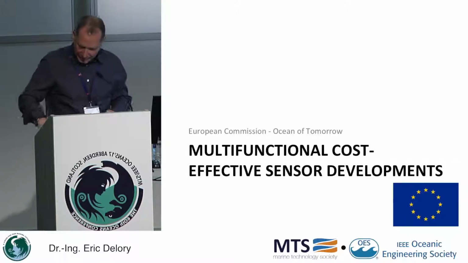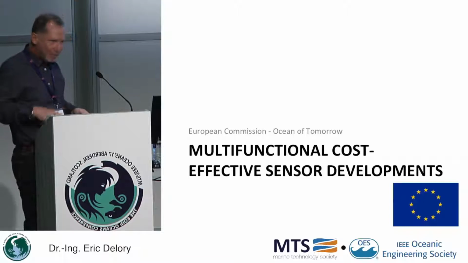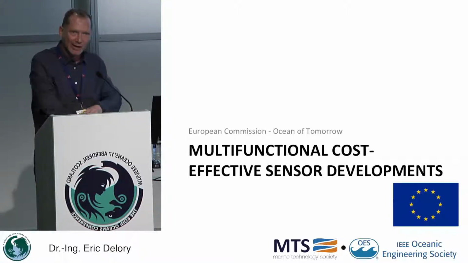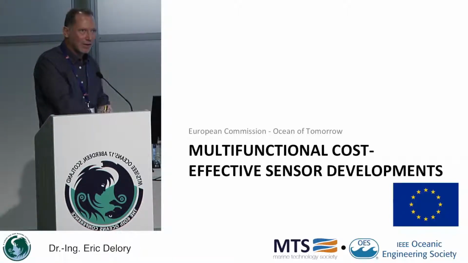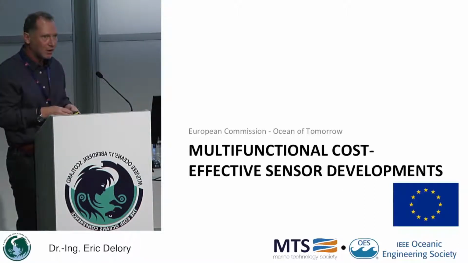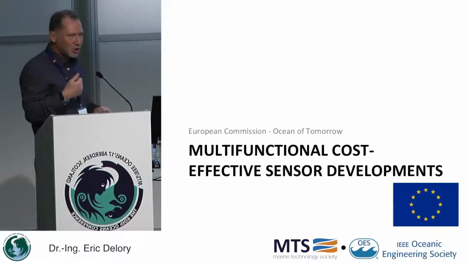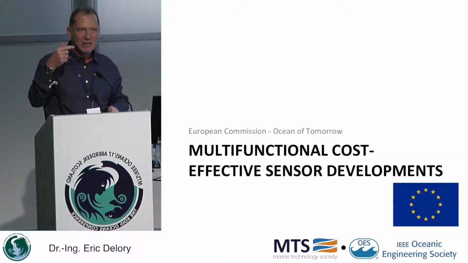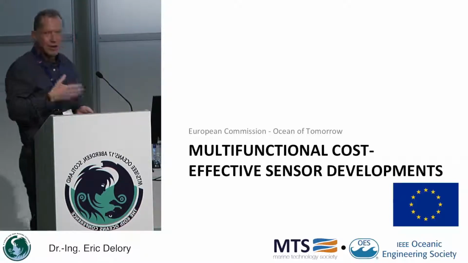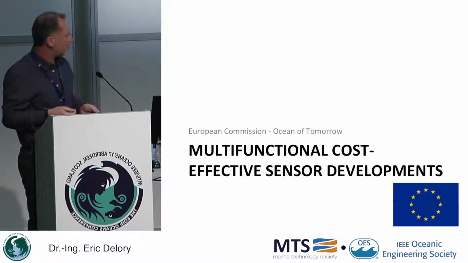And then I will show you some innovations taking place closer to the commercial level, and that can be integrated then on the platforms that you have heard of, like buoys, gliders, autonomous vehicles in general, and deep sea observatories, for instance.